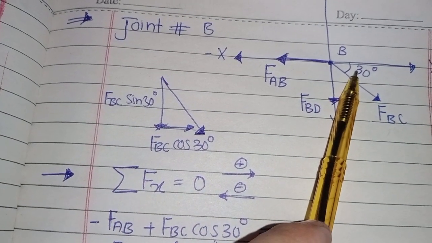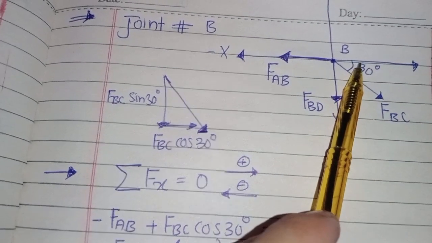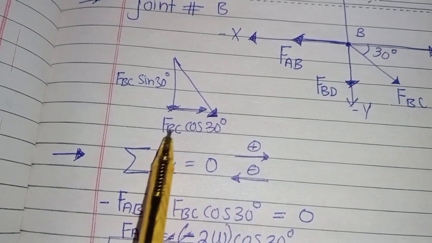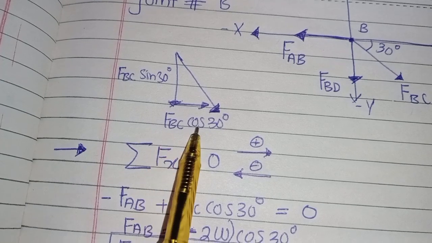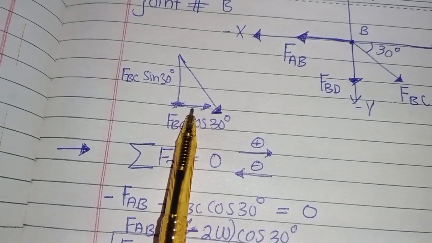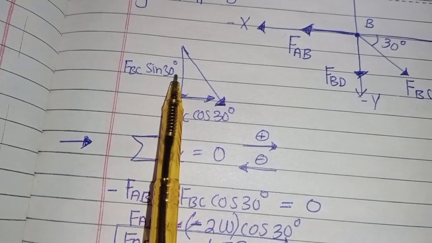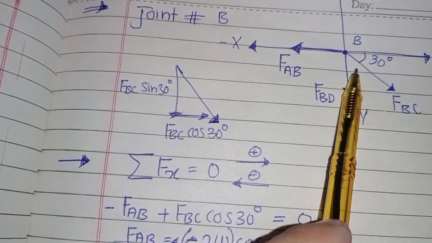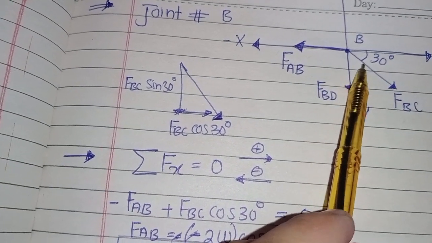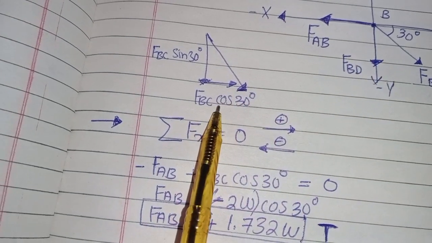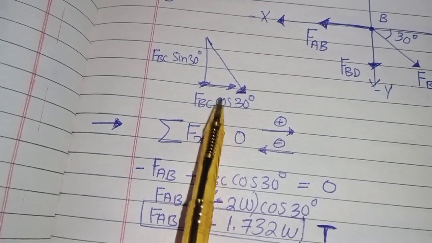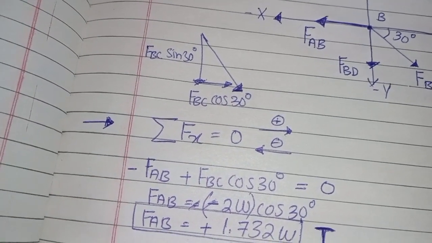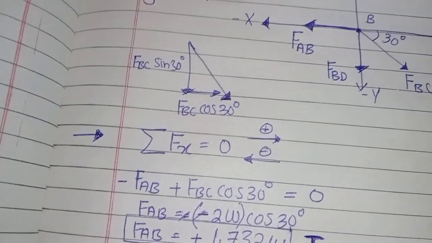When the member makes an angle with the horizontal axis, you put cos theta with the horizontal component and sin theta with the vertical component. If the angle is made with the vertical axis, then you put sin theta with the horizontal component and cos theta with the vertical component. You should remember that.